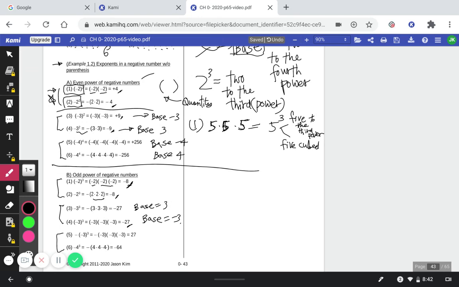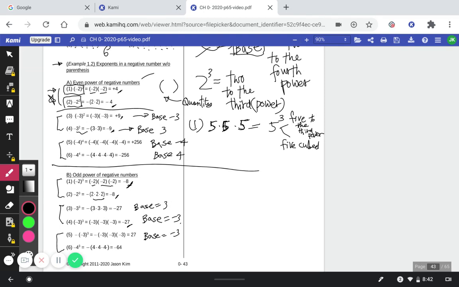Again, it's the same thing with 5 and 6, but you have to be careful because you are dealing with many signs. Number 5, you have a negative of the quantity of negative 3 to the third power. So it becomes negative of negative 3 times negative 3 times negative 3, which is positive 27 because you have 4 negatives. In this case, the base was negative 3.